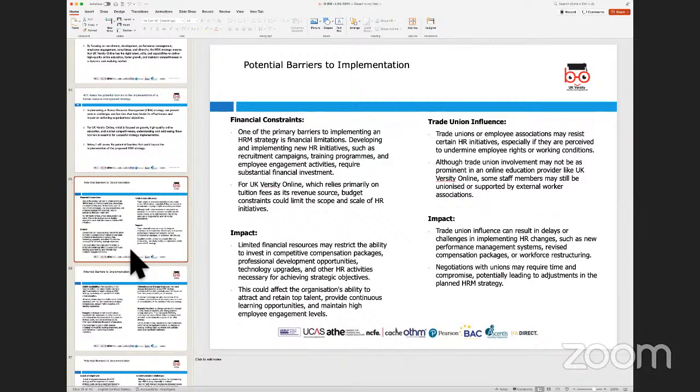So potential barriers tend to be bigger barriers in larger organizations, and HR has to mitigate and proactively anticipate that this could lead to a problem.